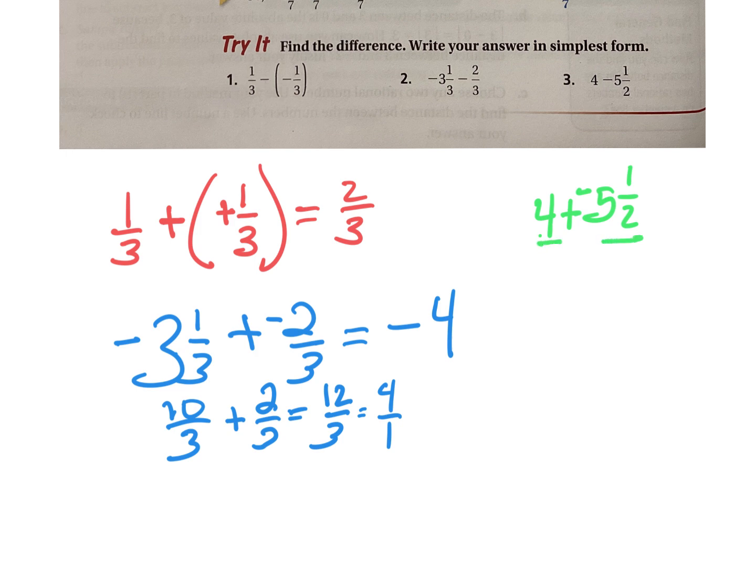So 5.5 is bigger than 4, and I know in the end I'm going to have a negative. Once I know it's negative, I take the bigger one, 5.5, and take away 4 from it. That leaves me with 1.5, a negative 1.5.